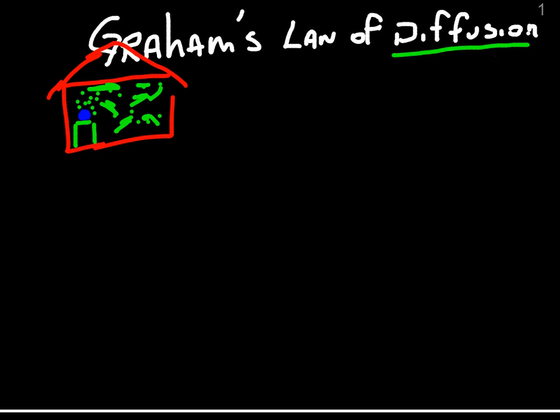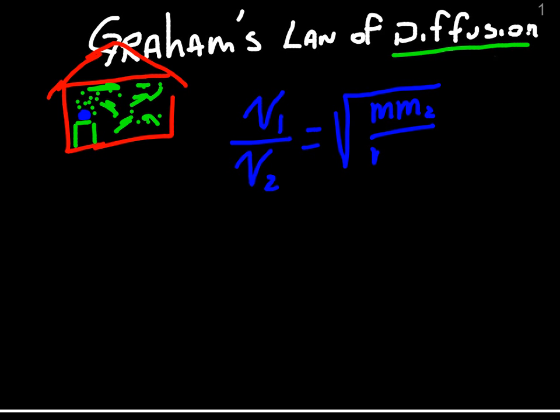So here's how you figure this out. Graham's law looks like this, and I'm going to make different symbols than I normally would, but it takes this form. This is a slightly different equation than you're used to because the units are going to cancel out when you do this.